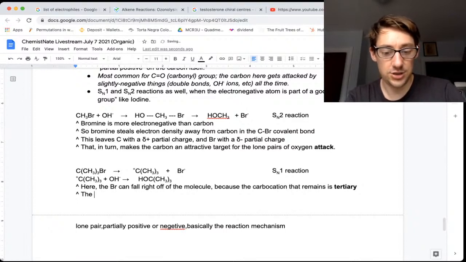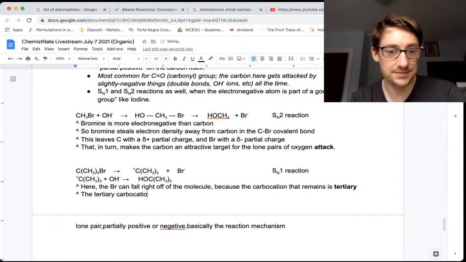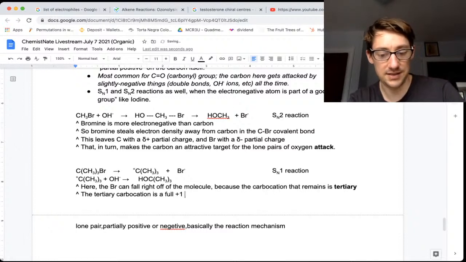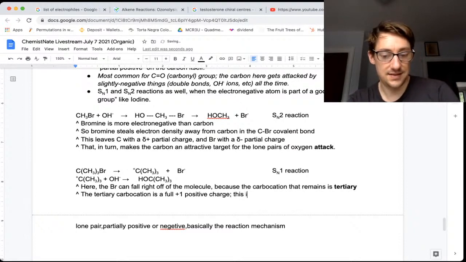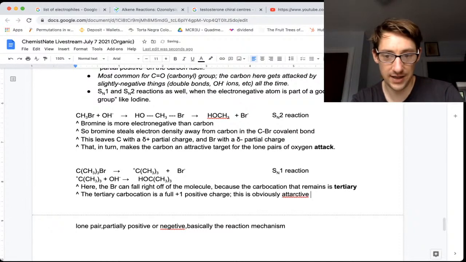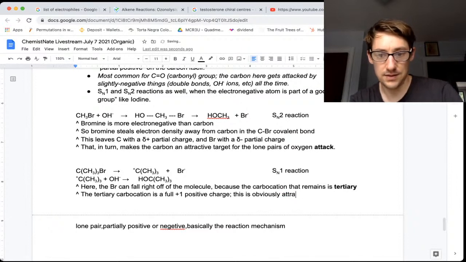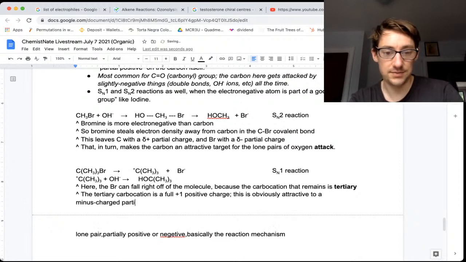The tertiary carbocation is a full +1 positive charge. Hopefully, it's obvious. Attractive. This is obviously attractive to a minus charged particle. For example, like OH minus, which will attack it.